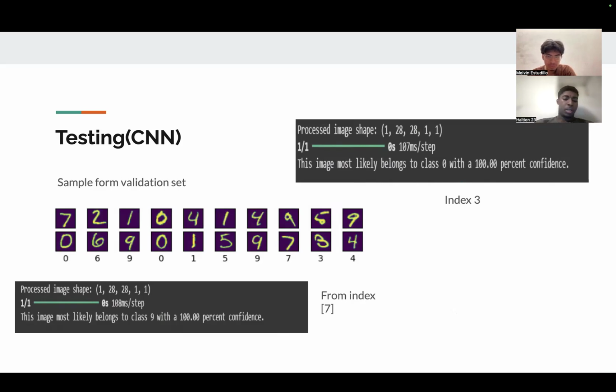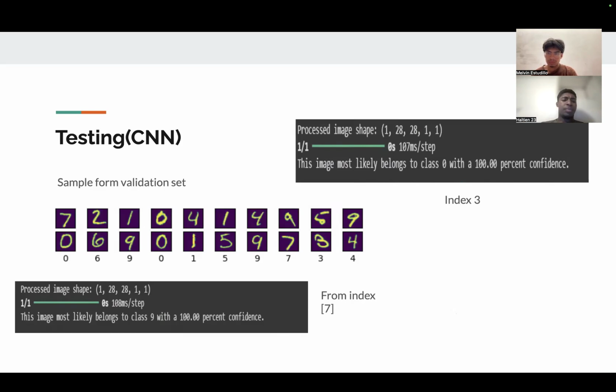So here below we see several numbers from the testing, or rather the validation set. You can tell that even though some numbers appear more than once, such as 9, the 9 is also written in different ways, which is in some ways reminiscent of how we humans write certain numbers or even letters slightly differently.